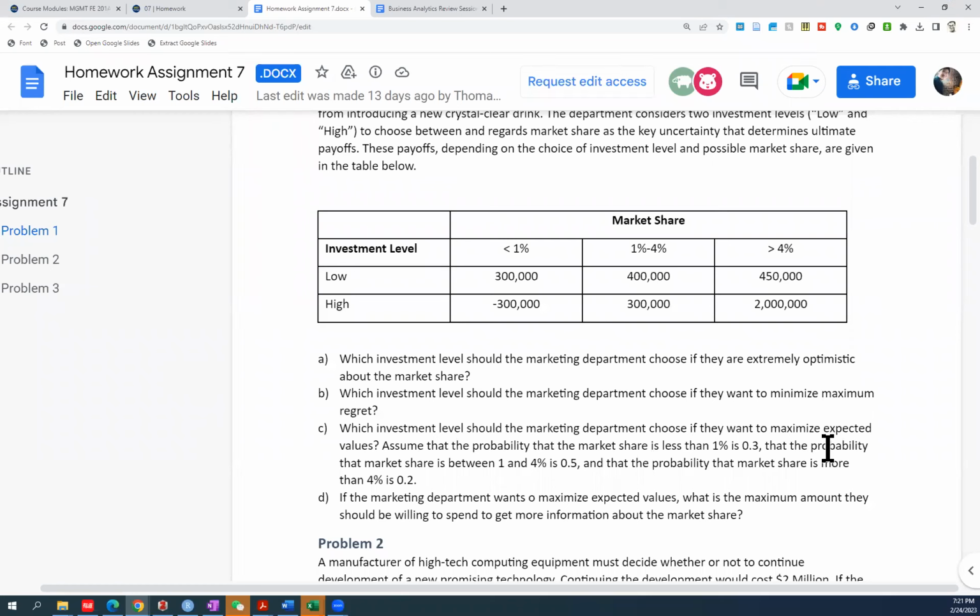It wants to maximize expected value. What is the maximum amount they should be willing to spend? So I thought whatever is the lowest investment level, right, with expected value, that should be what they should spend.